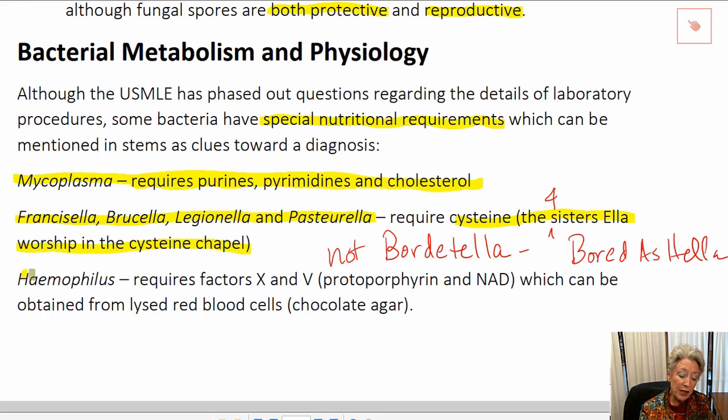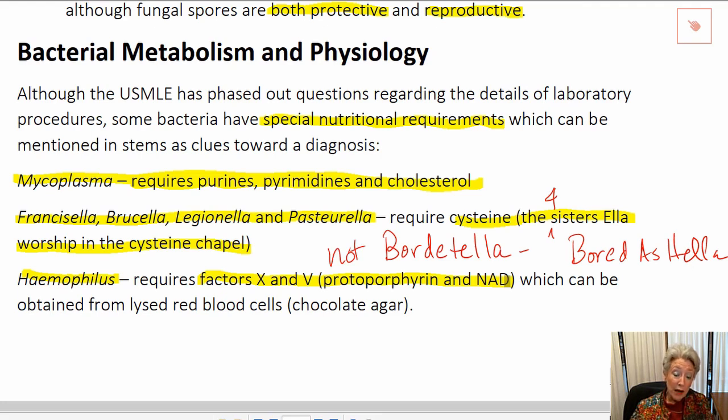Hemophilus, if you notice, the name sort of tells you what you need to know about this one. Hemo, blood. Philus is from the Greek root to love. So this is a blood-loving organism. And what it loves in blood is factors X and V, protoporphyrin and NAD.